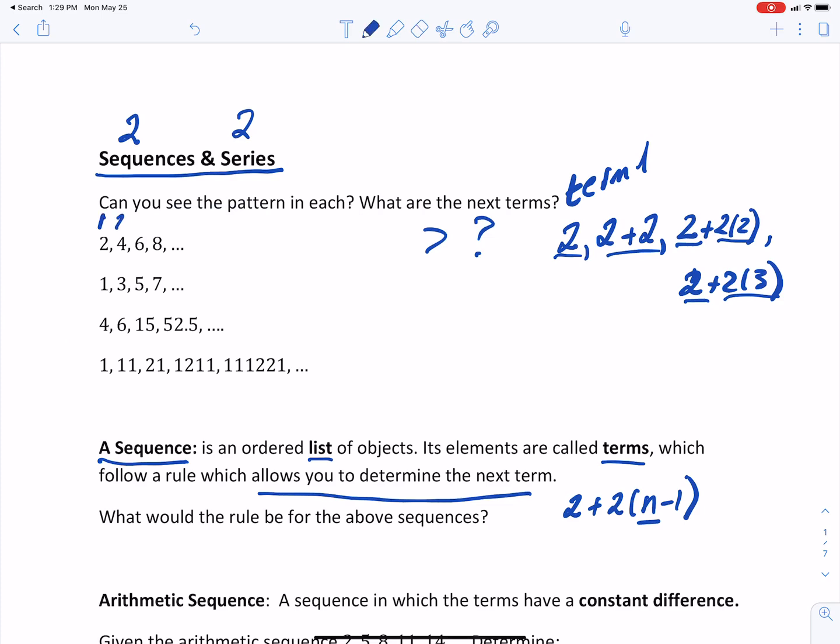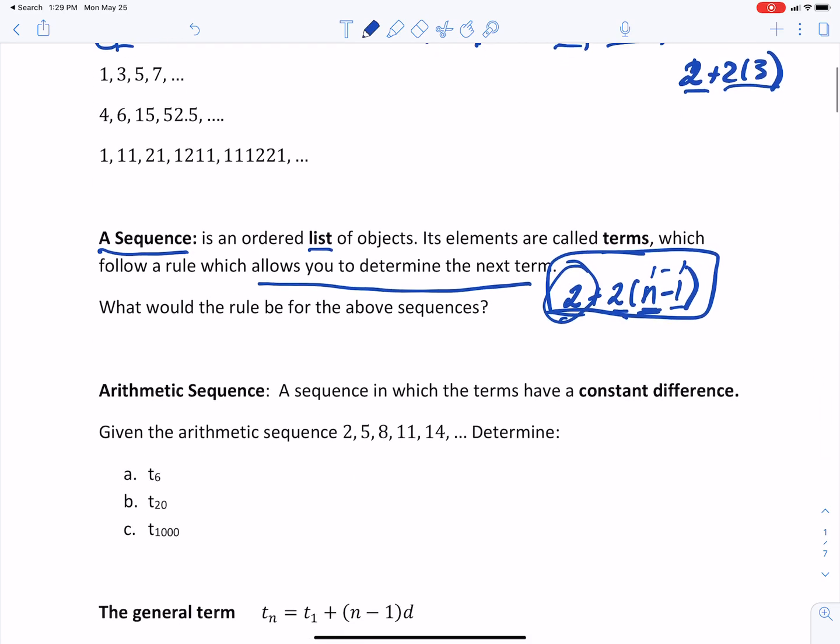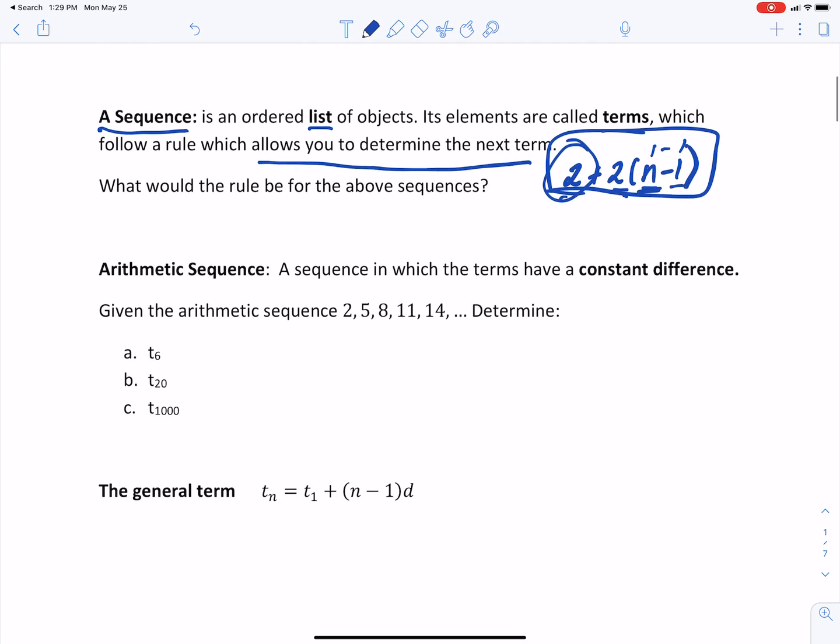Position 1, position 2, position 3, position 4. Term 1 would be 2 plus 2 times 1 minus 1, which would be 0, and I would be left with just 2. And then in position 2, 2 minus 1 would be 1, 2 plus 2 would give me 4, and so on. So this is how I would write out what we call a general term.